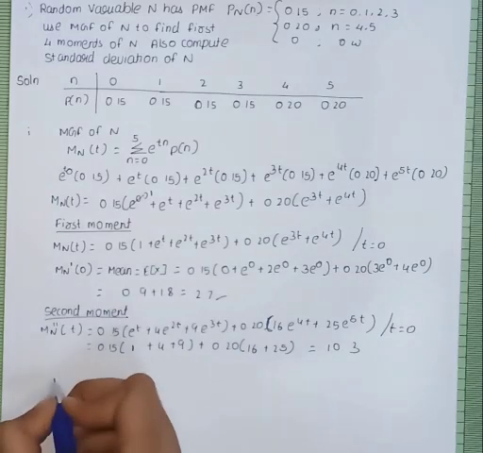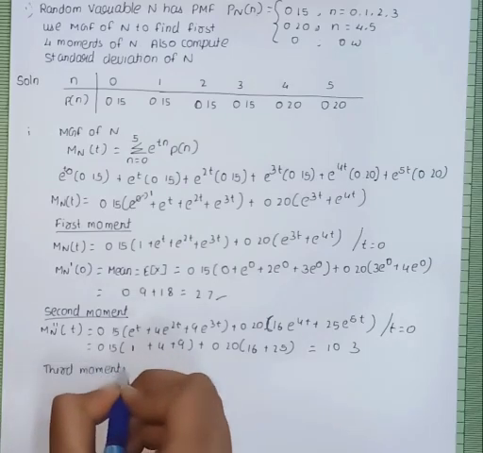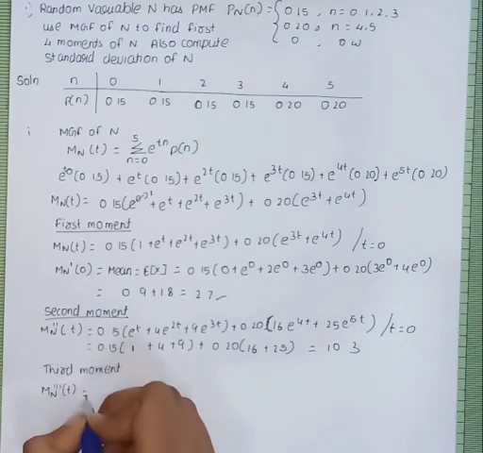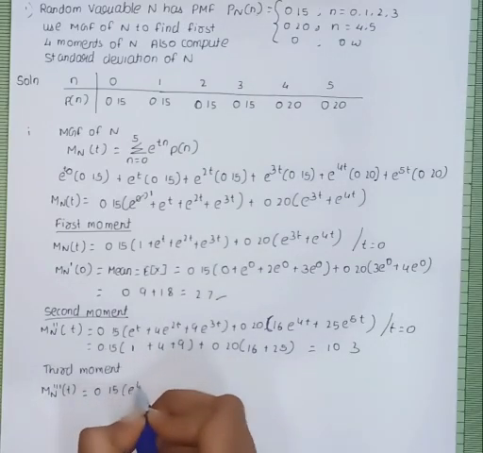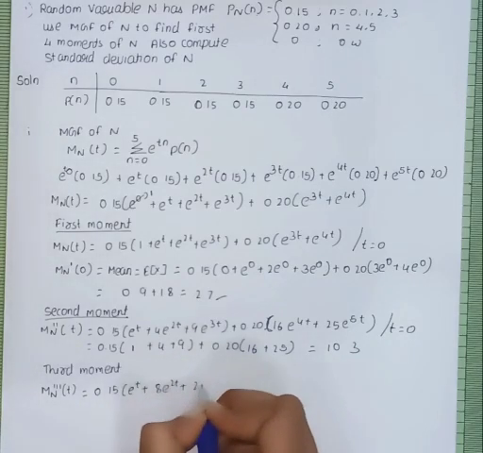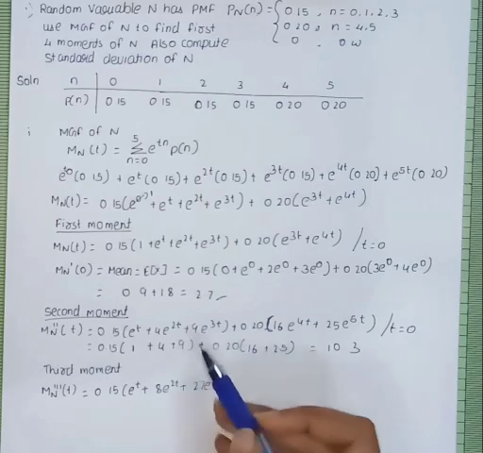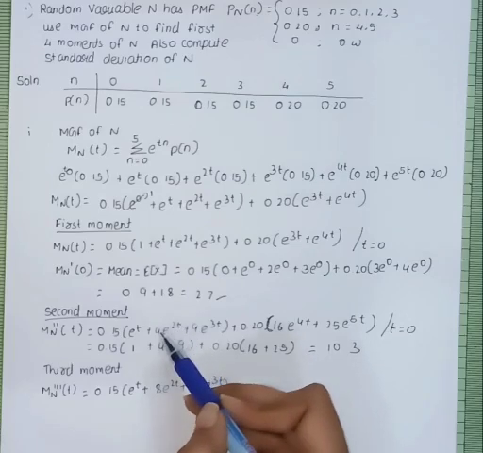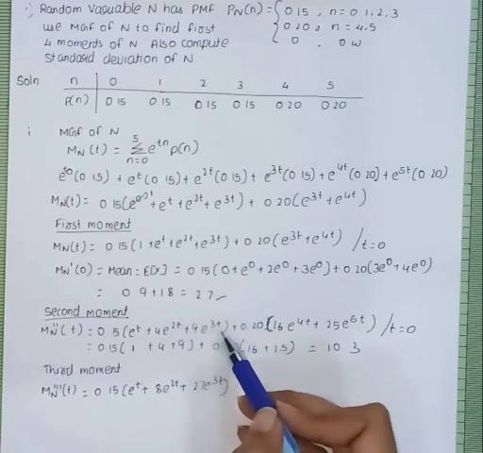Now we will do the third moment. M_N triple dash of t, that is 0.15 into e power t plus 8 e power 2t plus 27 e power 3t. Did you understand how we got 8 and 27 here? e power t is as it is. This will be 4 into 2 e power 2t, that is 4 into 2 is 8, and here, 9 3s are 27, so 27 e power 3t.